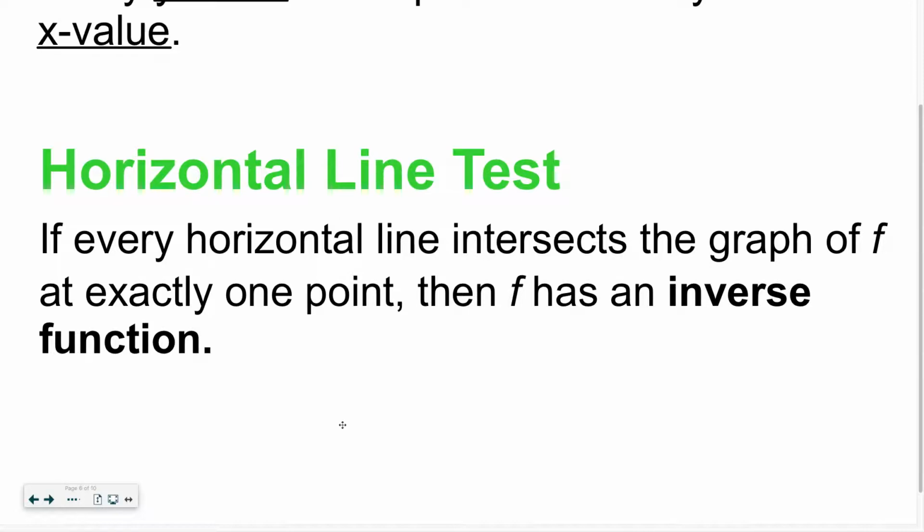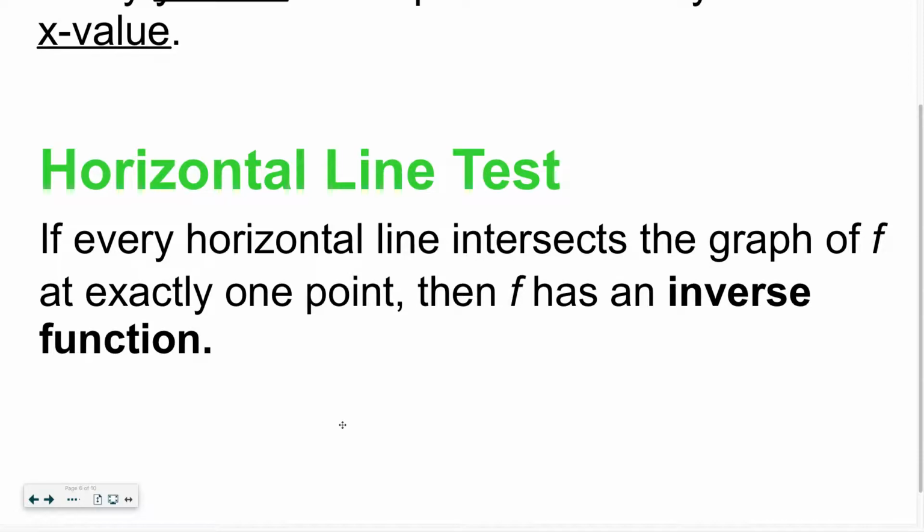If it doesn't, say no inverse function and move on. Okay, so now that we have these two bits of information, we're going to jump into some of our examples, and I'll talk about how to use the one-to-one and the horizontal line test.